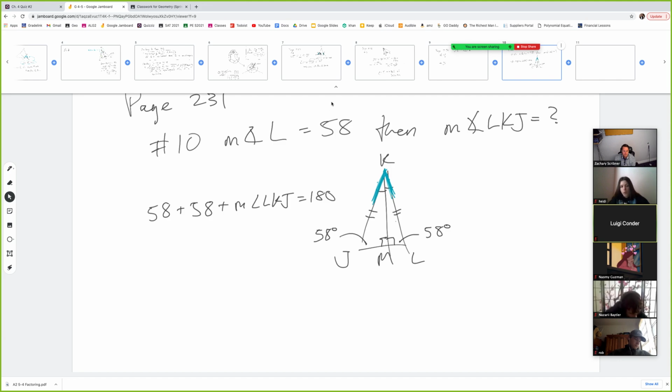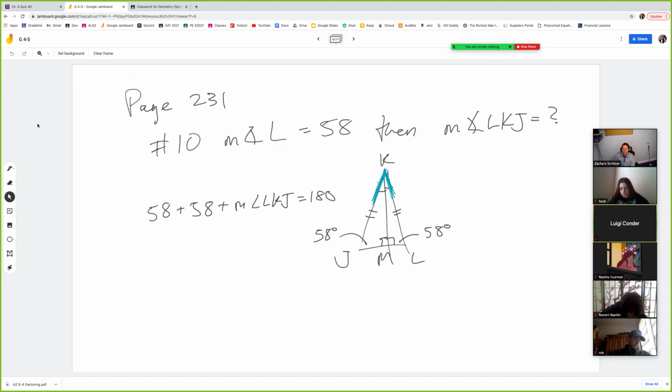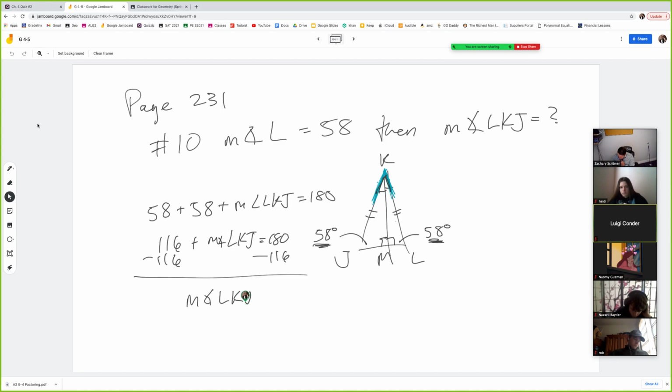There we go. Okay. All right, so adding this angle plus this angle plus this big angle gives us 180. So 58 plus 58 is 116, plus the measure of angle LKJ equals 180, minus 116. Measure of angle LKJ is what? 64.